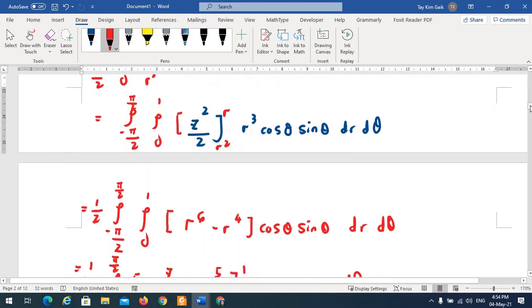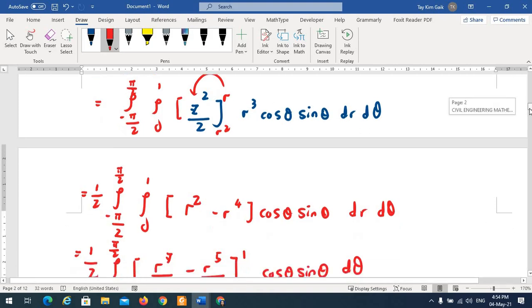Okay, so this is r power 4. r squared minus r power 4. Okay, you plug in this one. I factor half already. So r squared minus r power 4.